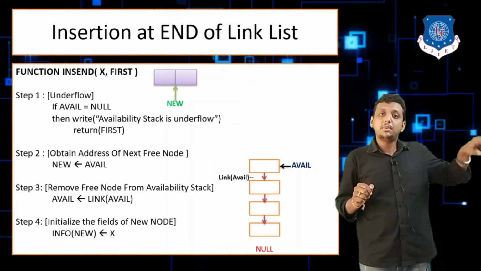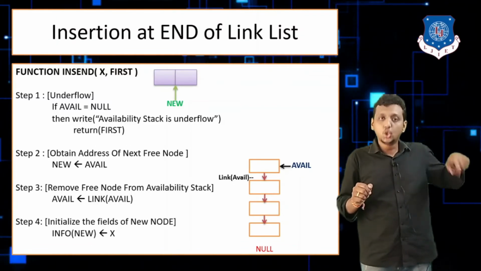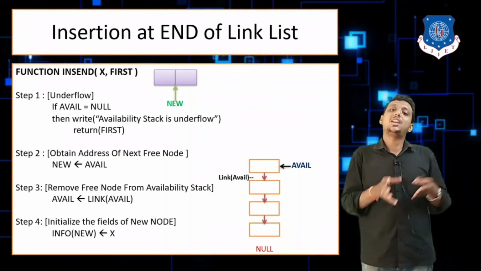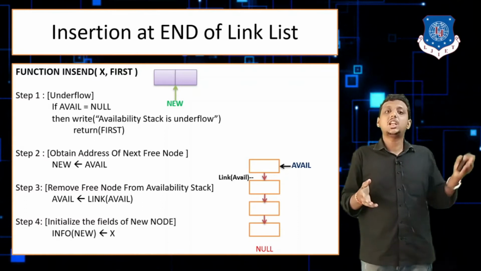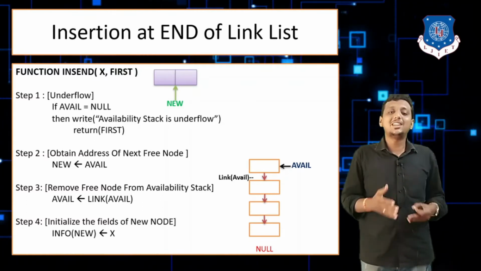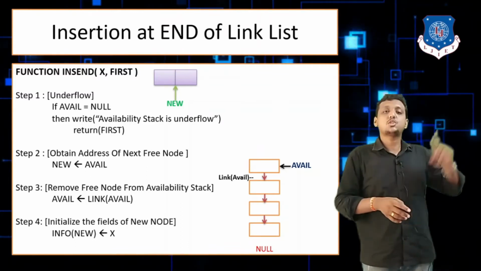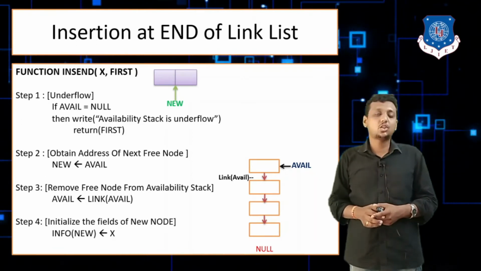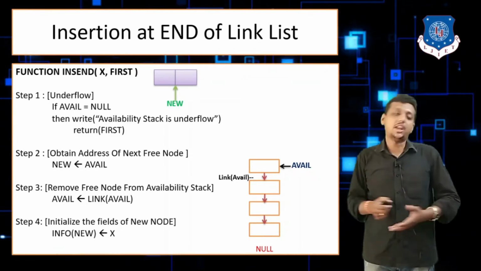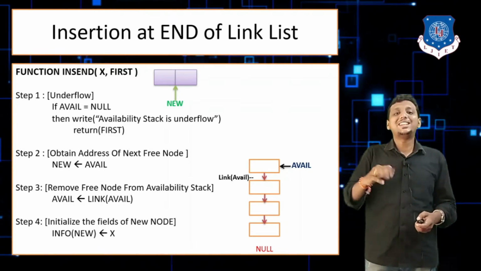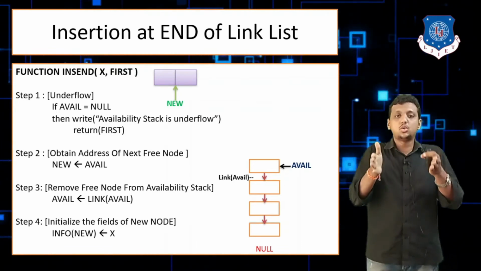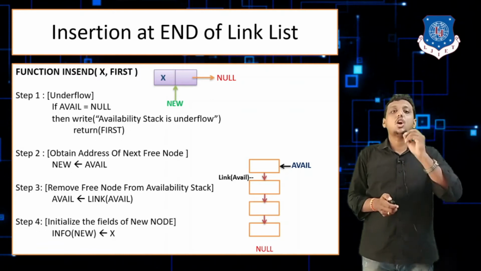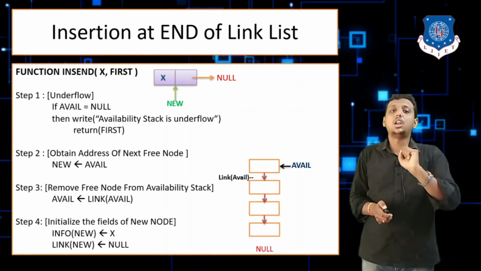The pointer of that last node must point to null, because I want to insert it as the last node. This is a single linked list, not a circular or double linked list. So in this particular step I can directly write that the link of new is also null.